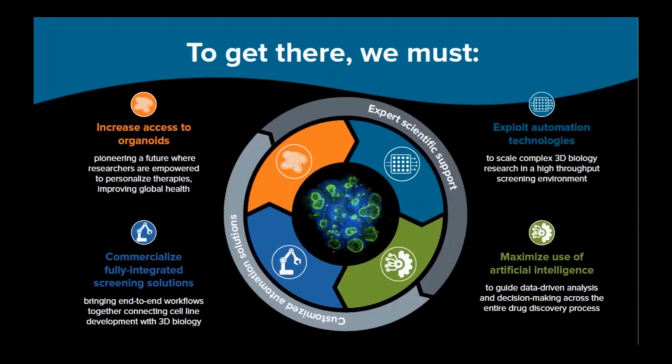And more broadly as an industry, in order to overcome a number of these challenges and help scientists to better utilize these more complex 3D models, we believe that there are a number of actions that will help. Firstly, we think it's going to be very important to increase access to organoids, to lower the barriers to entry and enable a situation where these complex, more representative assays become the default day-to-day approach.